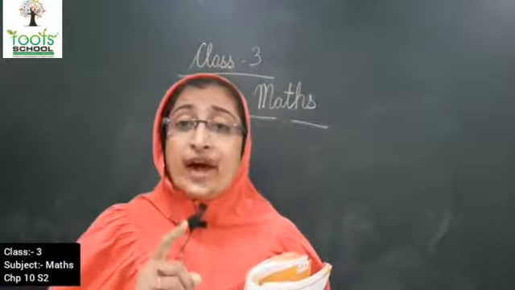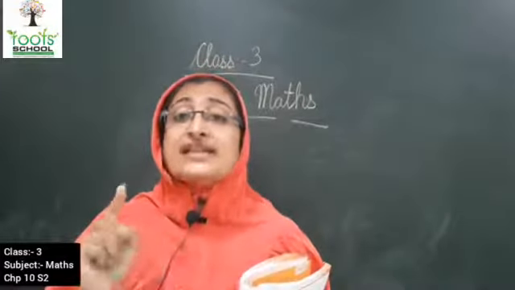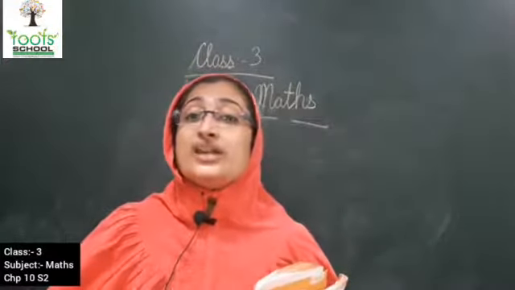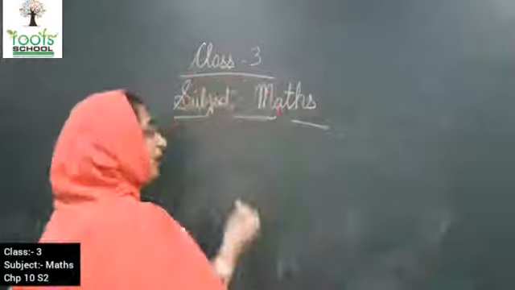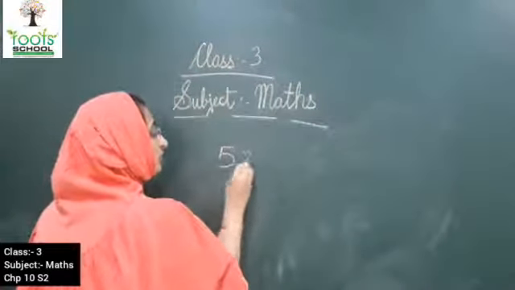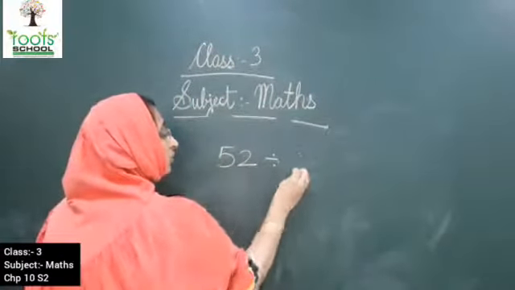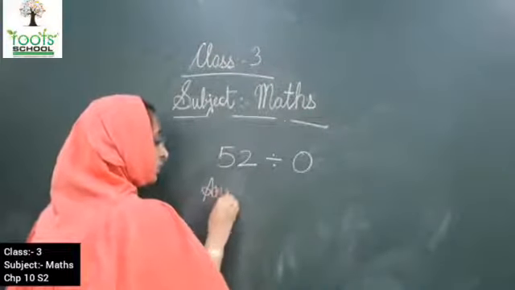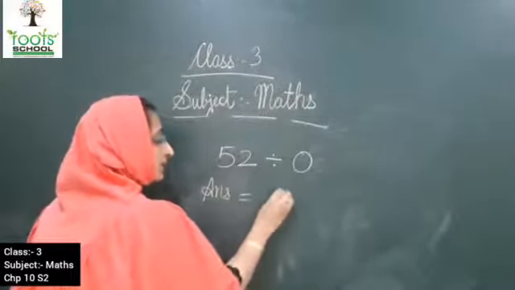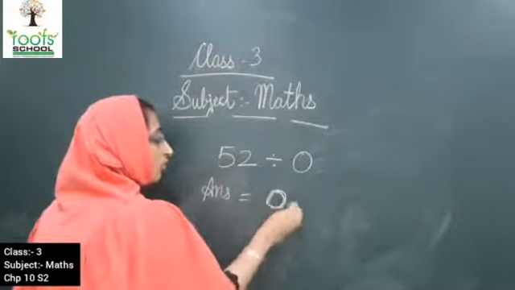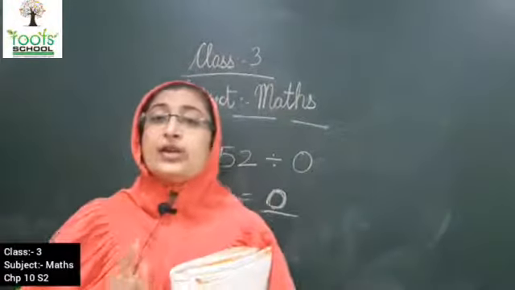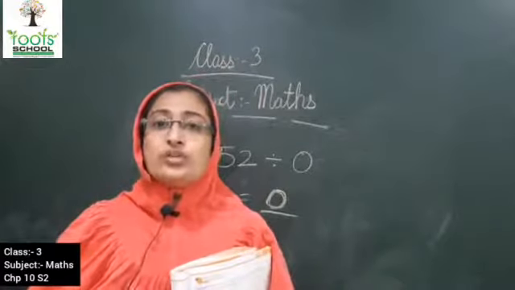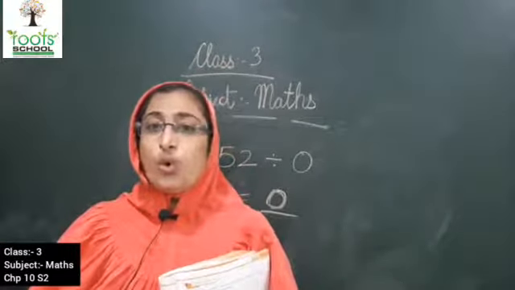If you divide a number by 0, like 52 divided by 0, the answer is always going to be 0.